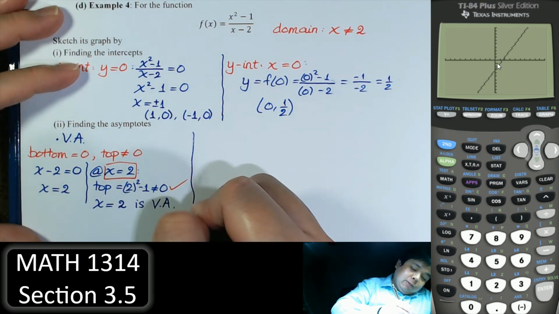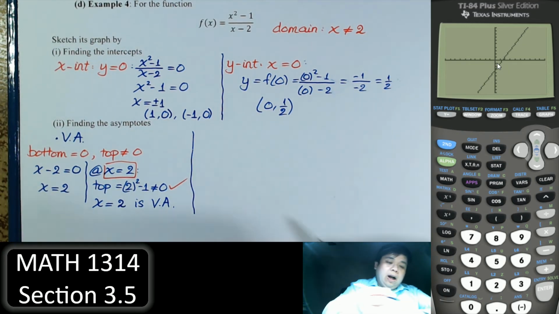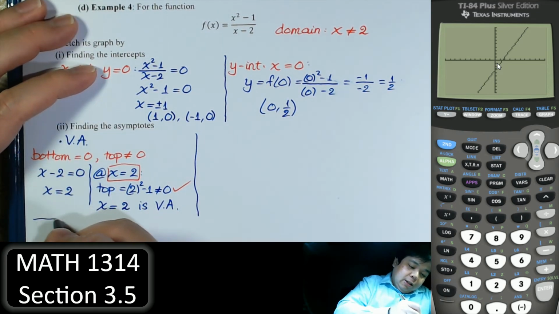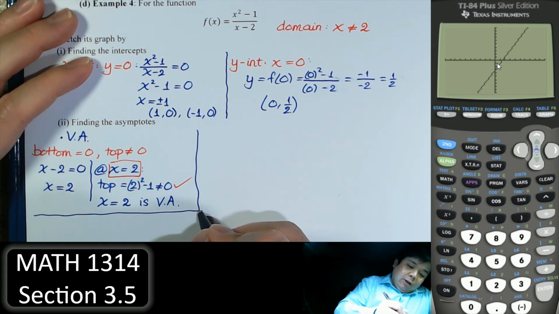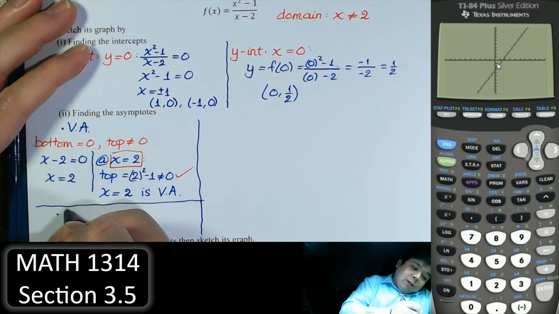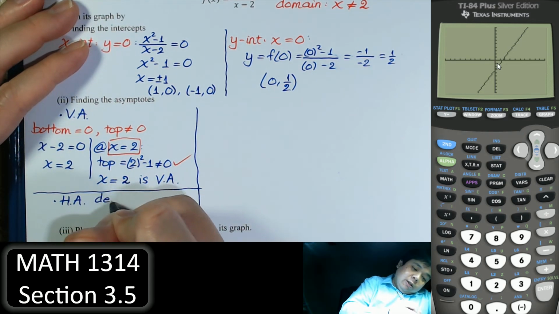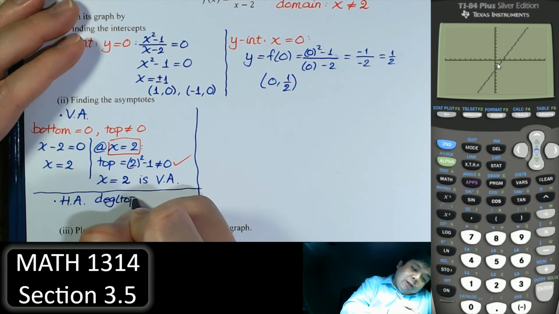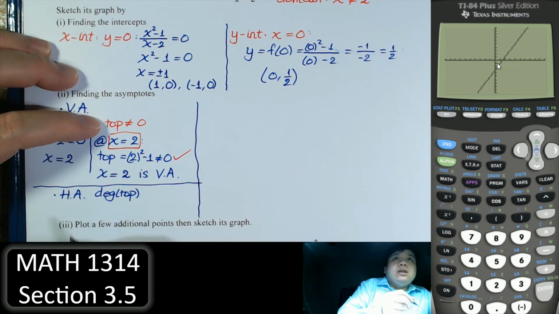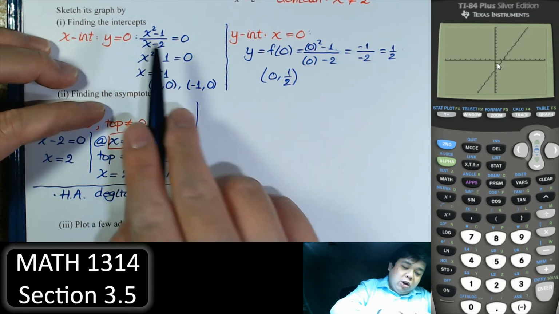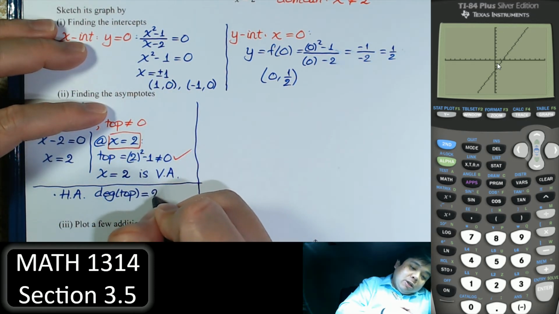Right. Next, we find the horizontal asymptote. Degree on top is, we have x squared minus 1 over x minus 2. Degree on top is 2.